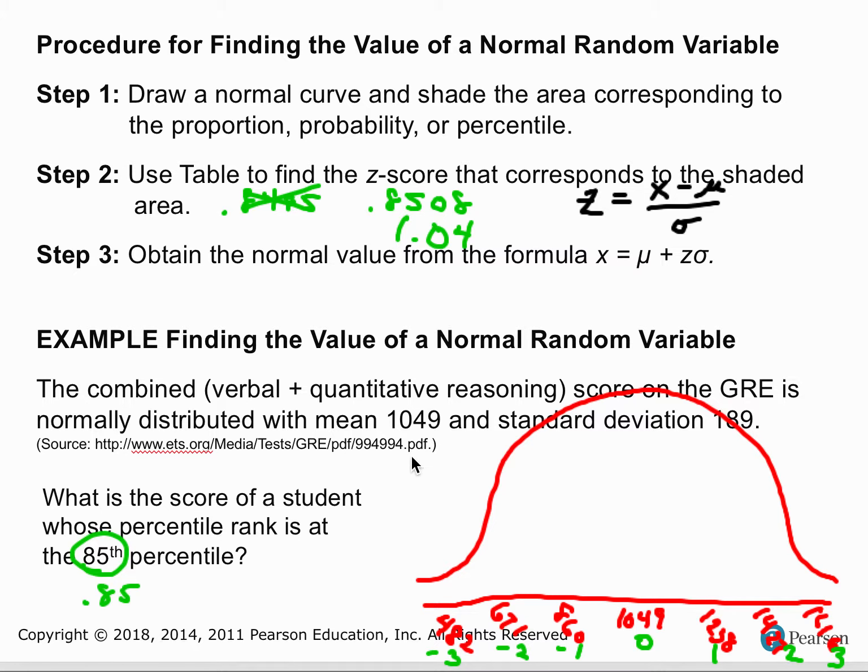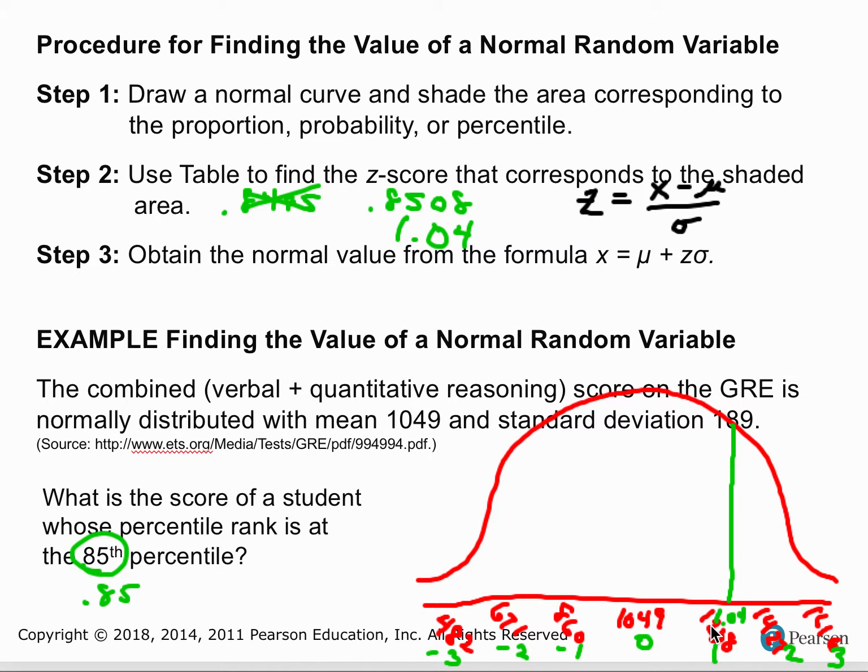Okay, so let me go down here. 1.04. That's like just barely past that 1. Okay, 1.04. So I can expect my number better be somewhere just over 1238, right? Just a little bit over 1238.